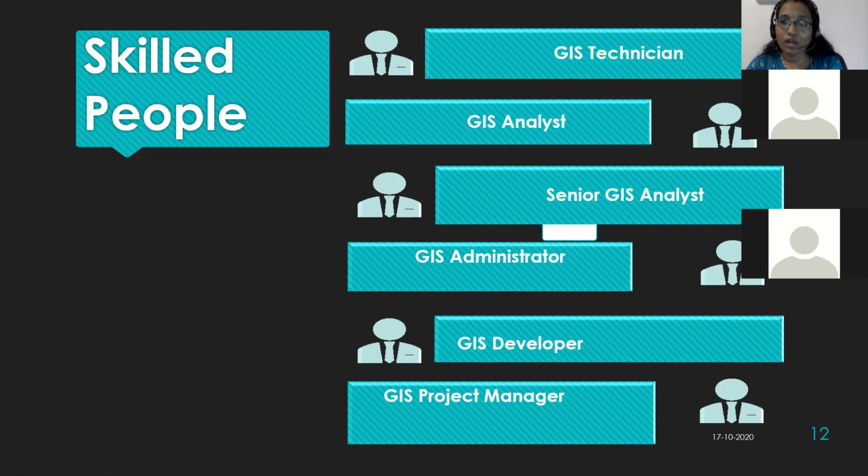With the help of programming languages only, you can start your career as a GIS developer. You have to start developing GIS software or the admin tools we use in GIS. You have to start developing by yourself and find out what new thing you can do in the GIS software. So this is about the skilled people.